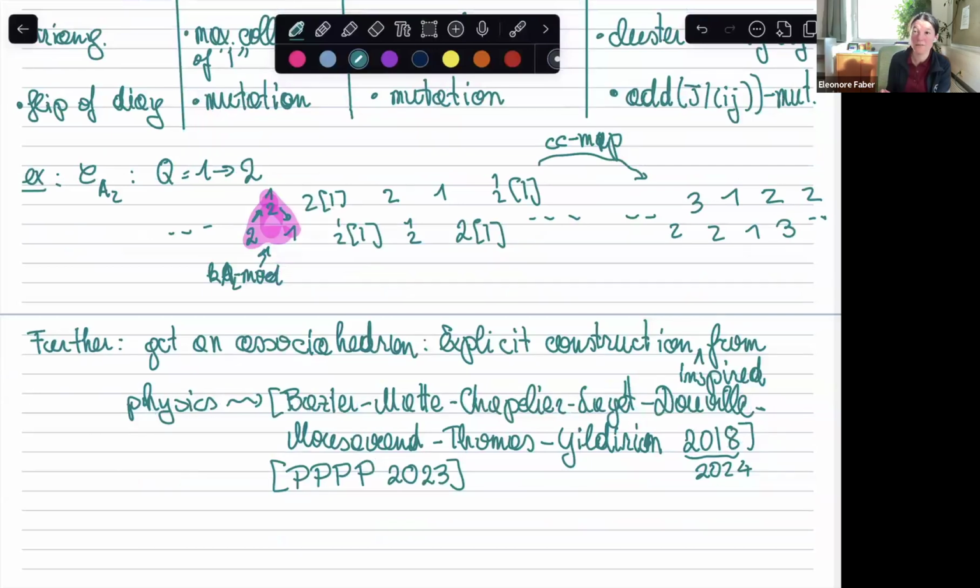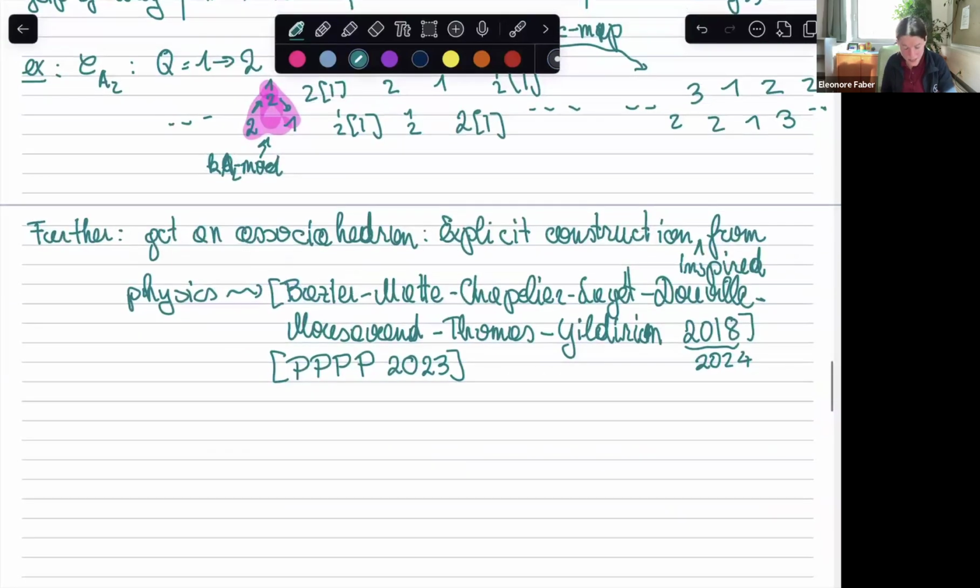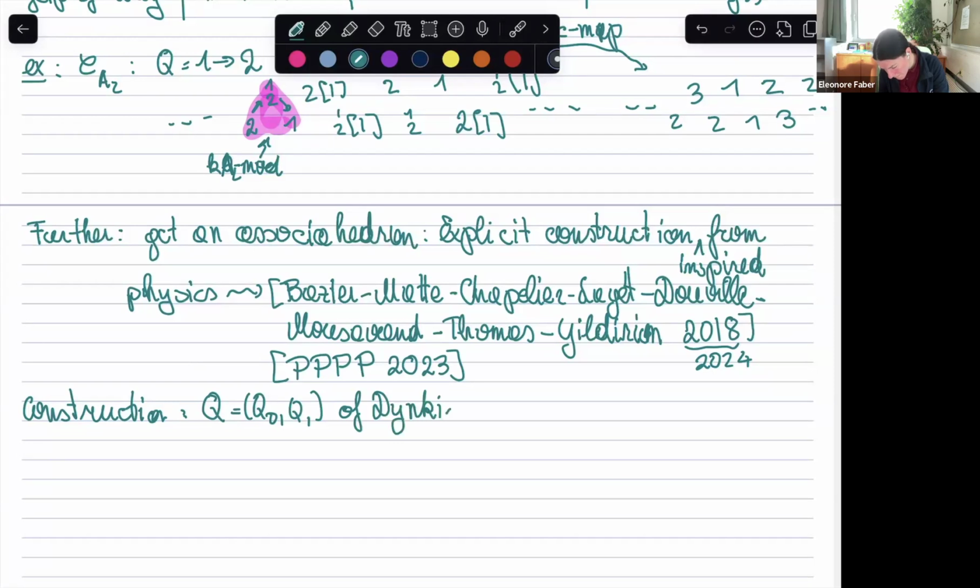And so they construct a polytope from a thinking quiver in the following way. So the construction: you take your quiver. So this is the thinking quiver Q_0, Q_1. And I will always look at A_n only, but you could do this for any thinking quiver.